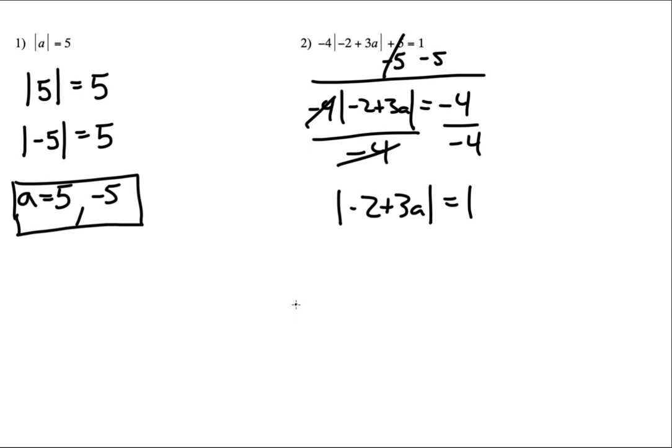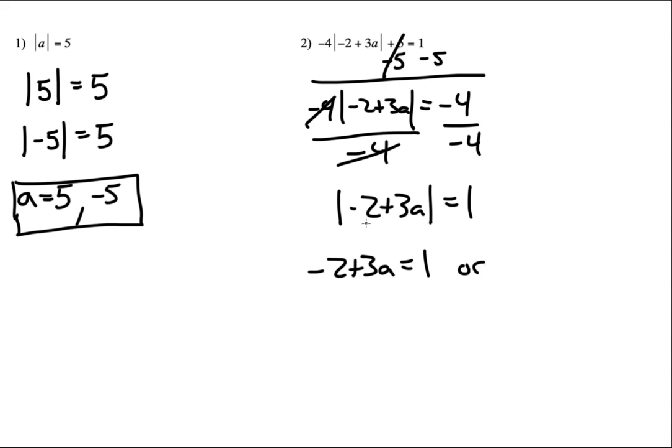Okay. So now, just like if I go back to this one, in this case, A could equal either 5 or negative 5. So now here I have the same sort of thing. This thing inside here, negative 2 plus 3a, has to equal 1.